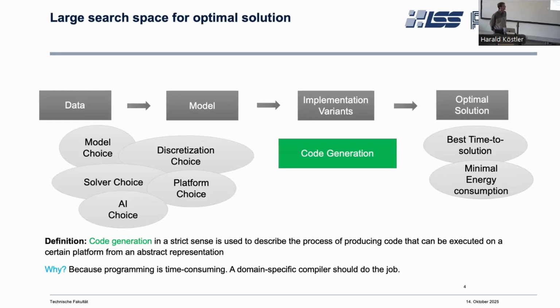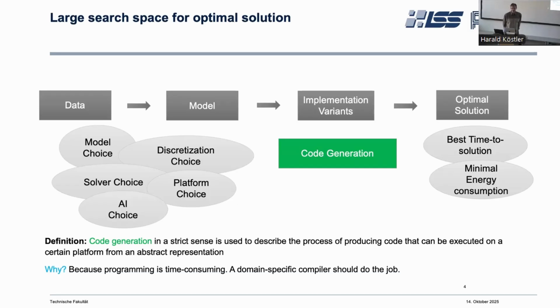Because in principle, what do we use code generation for? We use it to get the search space complexity handled that is introduced usually by a lot of different choices that you have to take when you deal with multiphysics simulations. So besides the model, of course, the discretization, the solver, the platform, maybe an AI.